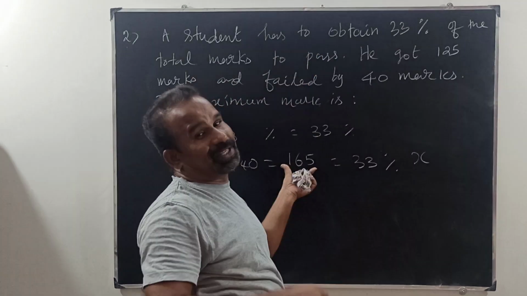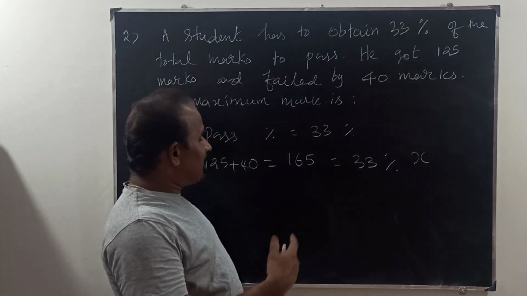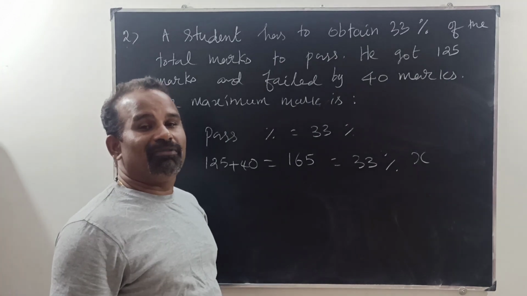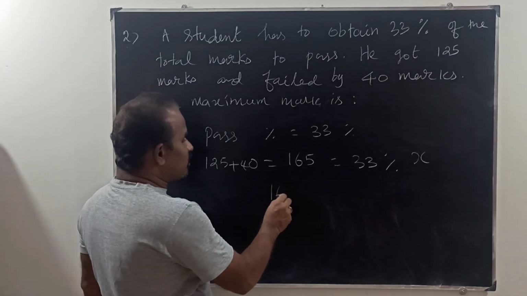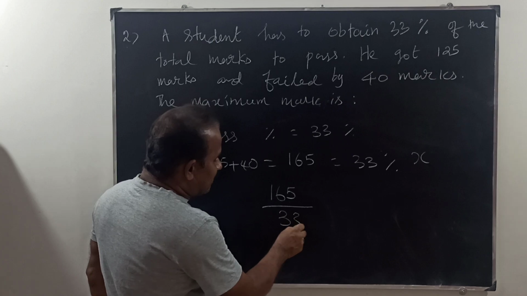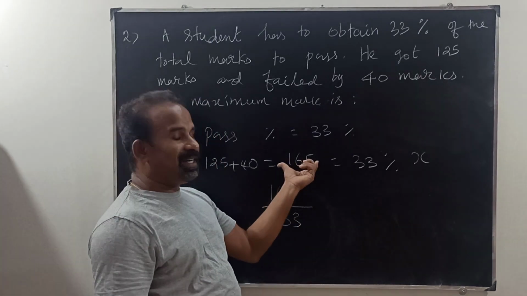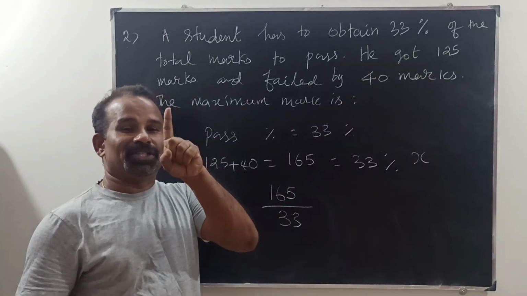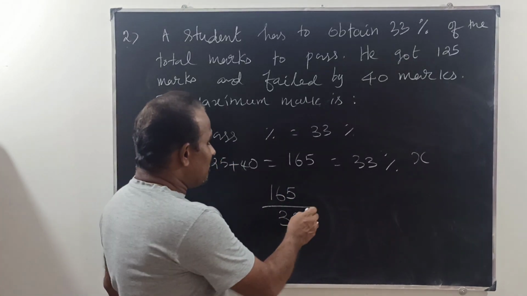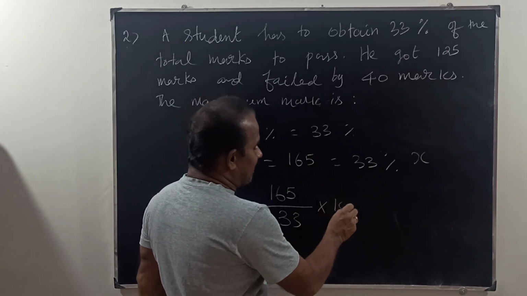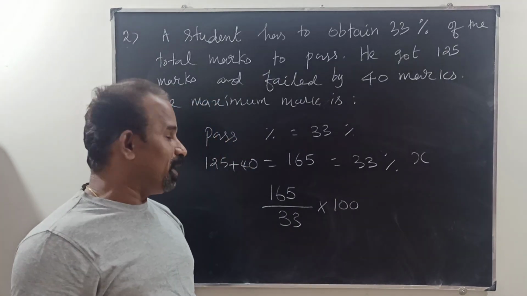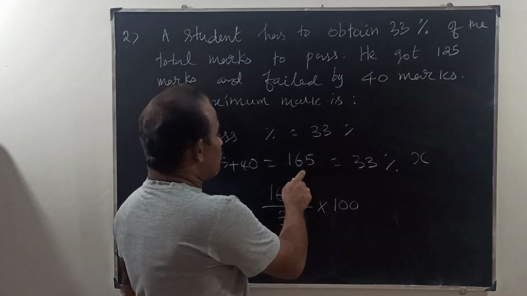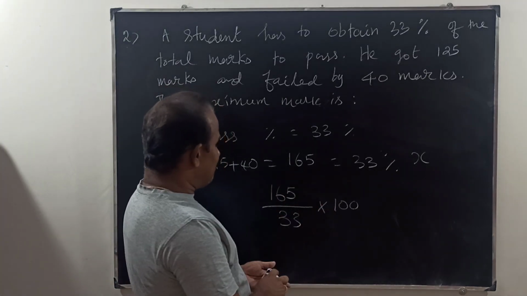Any total mark is 100%. So I need 100%, but I have only 33%. How to convert? This 165 is 33%. If you divide by 33, you will get 1%. If you multiply it by 100, you will get 100%.